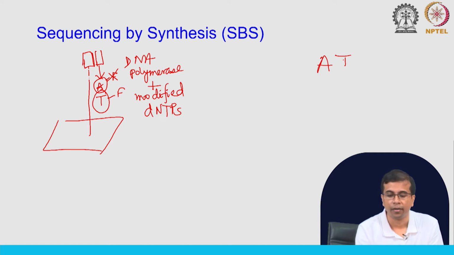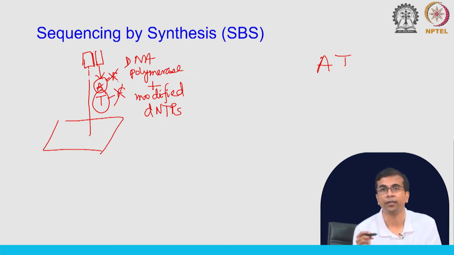So, T, then you have the washing step, this F is gone, there is cleavage, and also the terminator is gone, and the next base will come in now. This process will go on. So, you will have now G, C, etc. Again all the bases are present. Depending on the complementary sequence, these bases will be incorporated by the DNA polymerase.